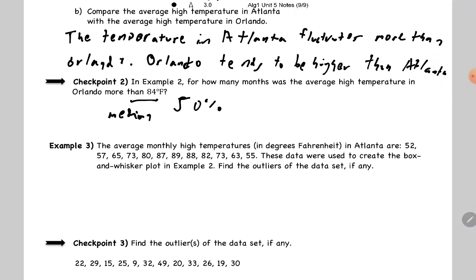To figure out an outlier, we got two formulas here. If there is a number less than the lower quartile minus 1.5 IQR, that's the entire interquartile range.